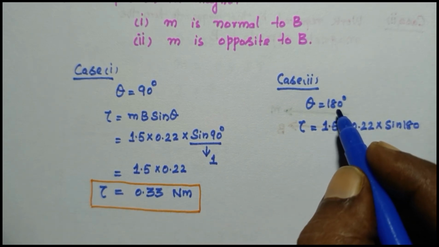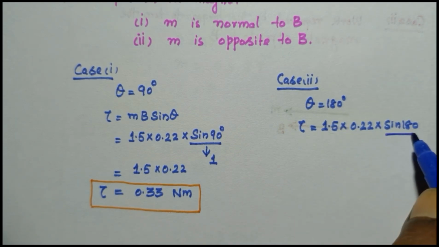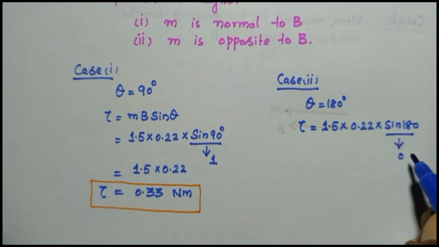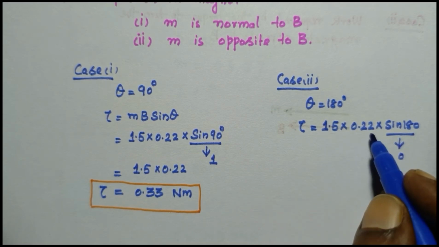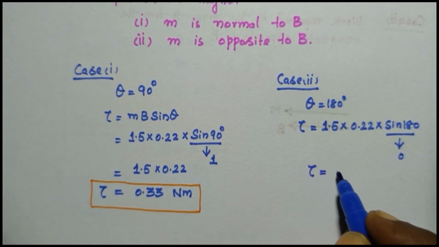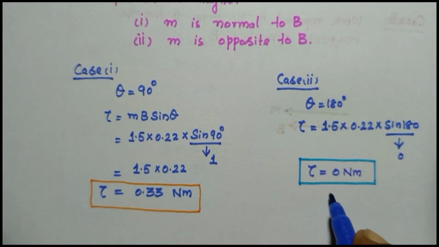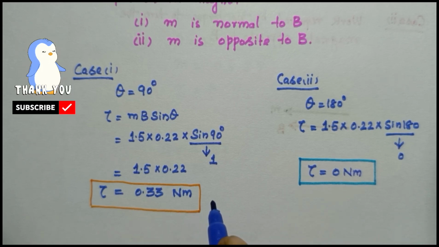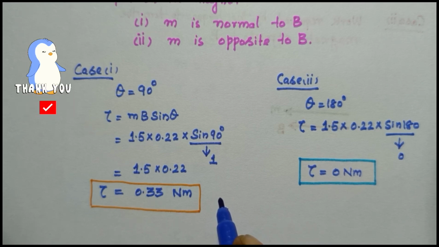Since M and B are opposite to each other, sin 180 is equal to 0. Therefore, 0 into anything is 0. Torque is equal to 0. So, this is the answer for the second subdivision. In the first subdivision, we have calculated the work done, and in the second subdivision, we have calculated the torque. This is the answer for the given problem.